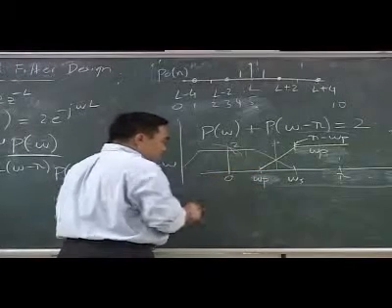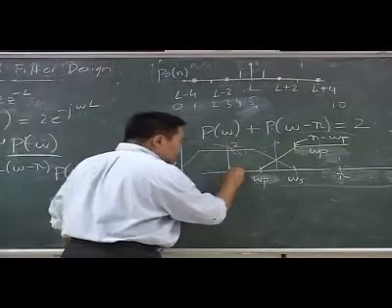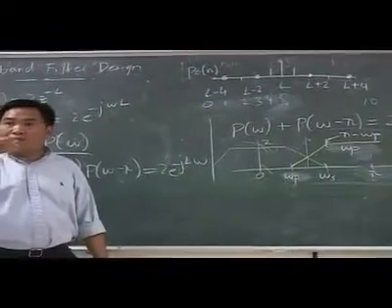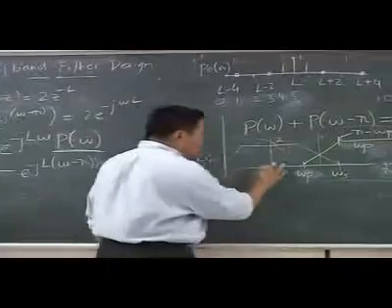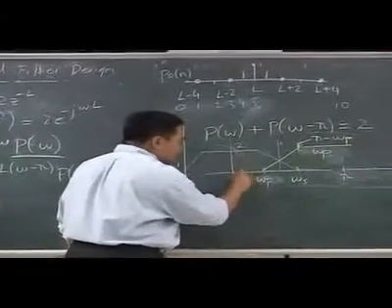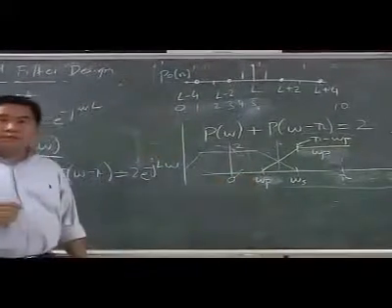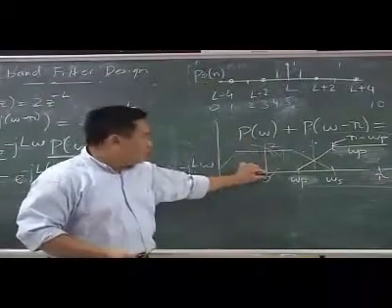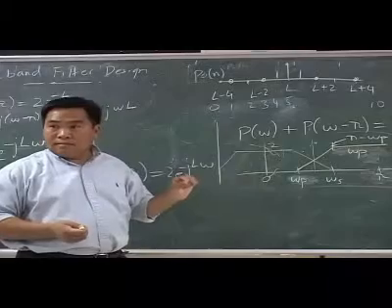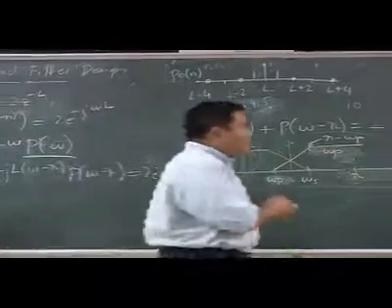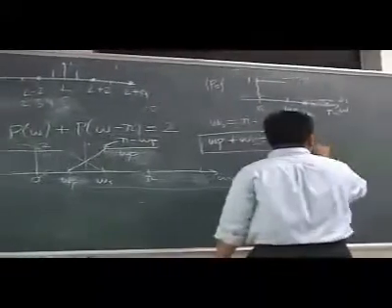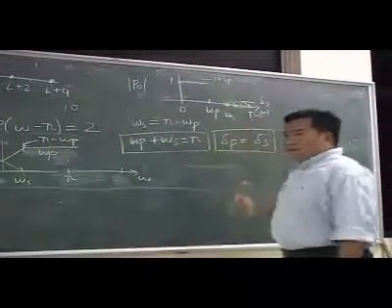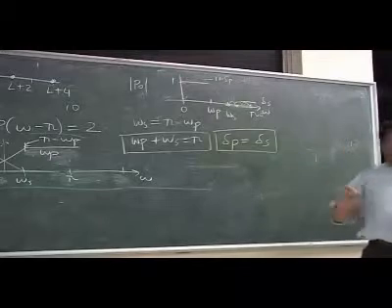Can it be like this? No. It has to be exactly the flip. So it has to be the opposite, and so on. So that deviation and this deviation are exactly the same. So you have to have omega p equal to omega s. Again, a very, very constrained design algorithm.